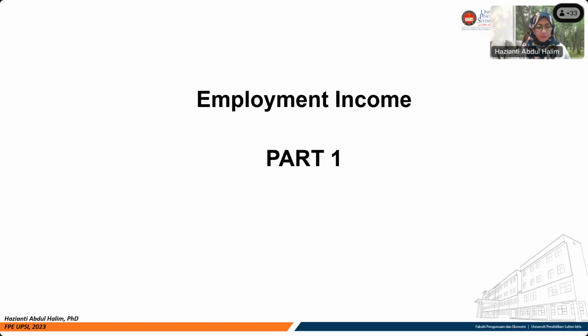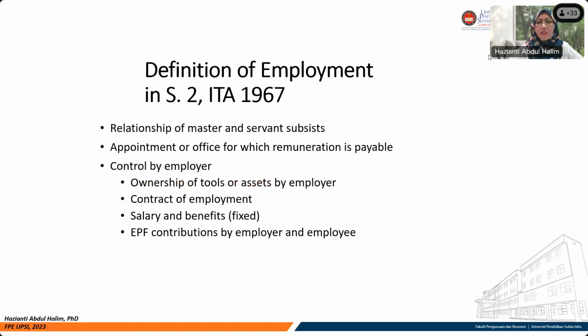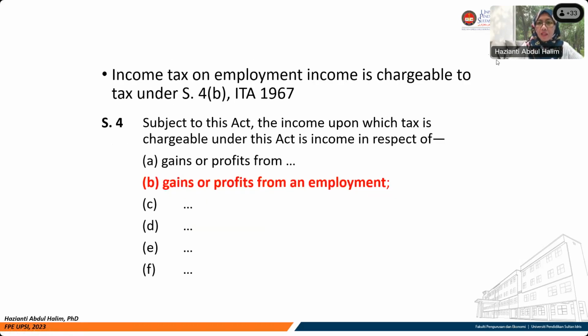So if you refer to our syllabus last time, we are going to focus on employment income. Okay. And as you can see here, under section 4, when we talk about income under the Income Tax Act, we are actually talking about chargeable income or income chargeable under section 4B.